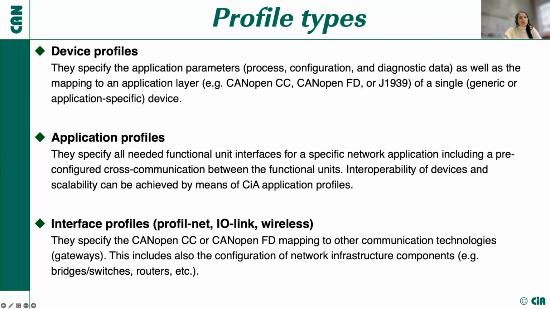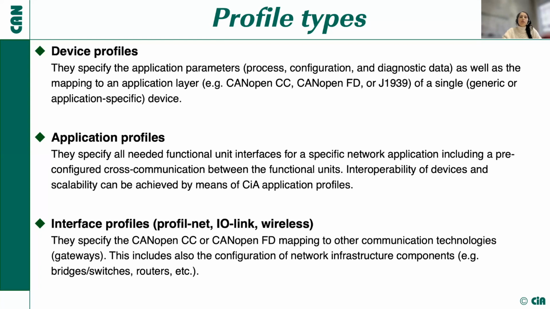And we have also application profiles that specify all needed functional unit interfaces for a specific network application, including pre-configured cross communication between the functional units. Interoperability of devices and scalability can be achieved by means of the CiA profiles.